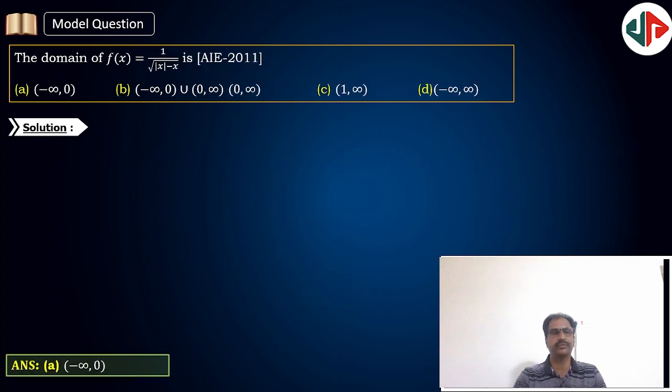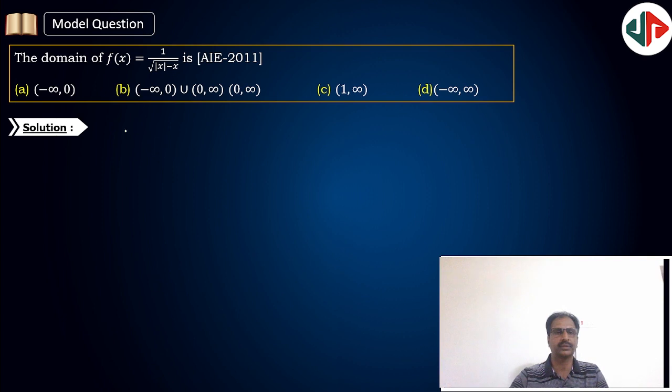Next, domain of 1 by under root mod x minus x. The given function is defined when the function inside the root, that is mod x minus x, should be positive. The function inside the root should be positive here, which means mod x greater than x.